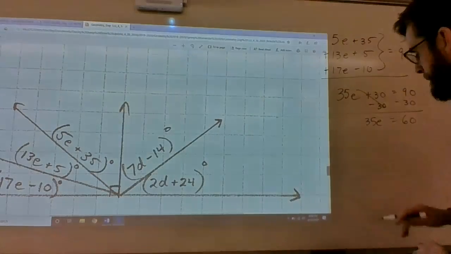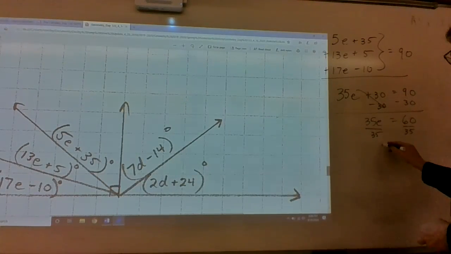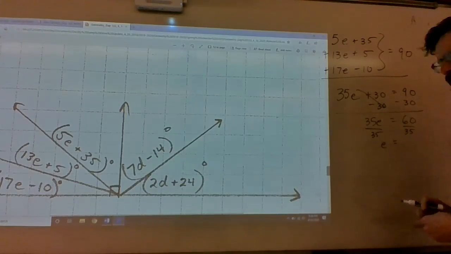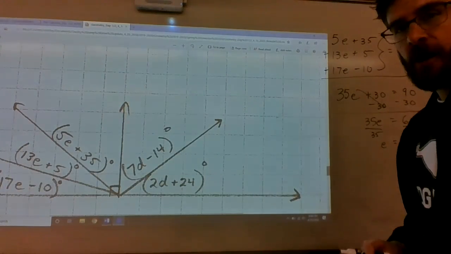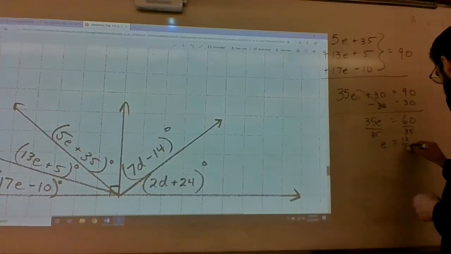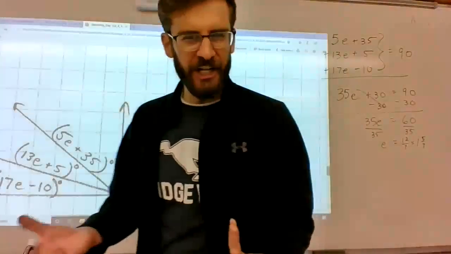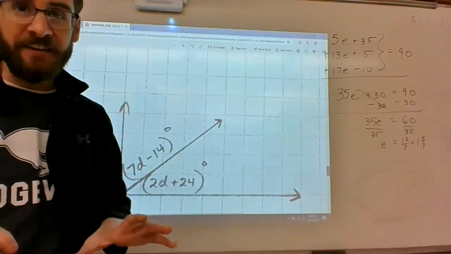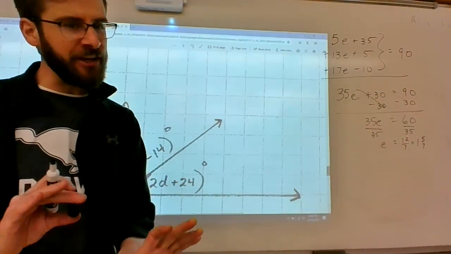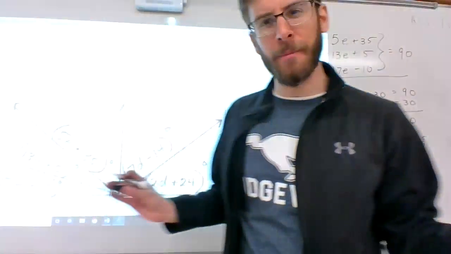Divide by 35. And this should be 12 over 7. A really awkward number. It should be 1 5/7 or like 1.71-ish. Okay? We'll just leave it at that. I'm not going to actually figure out what these degree measures are because I give myself a 15-minute time limit on these videos.